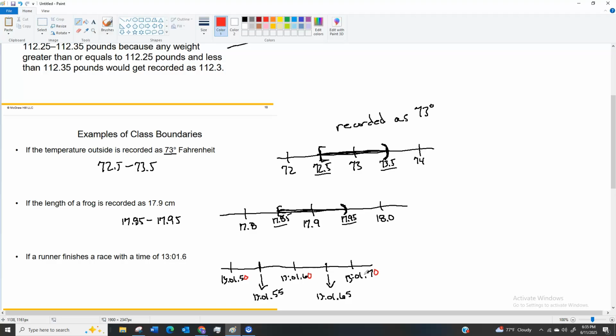So 60, 65, 70. So the boundary values would be 1301.55 to 1301.65. Sorry, it's hard to write 3s with this digital pen that I'm using.